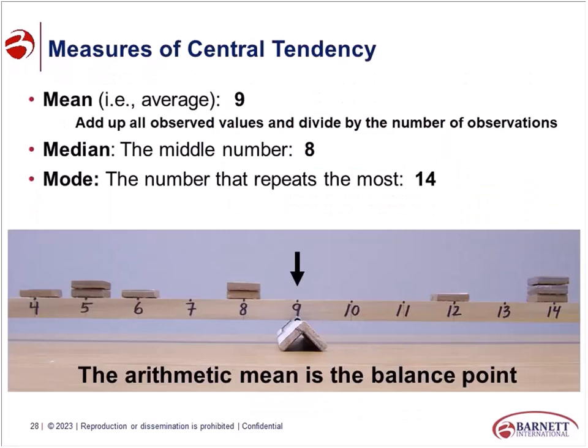Summary statistics, average. We all learned about averages in public school. And the way averages were taught to us, the way they were taught to me, is you take a bunch of numbers and you divide by the sample size. So in this case, we have 10 numbers.